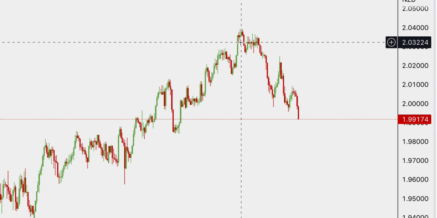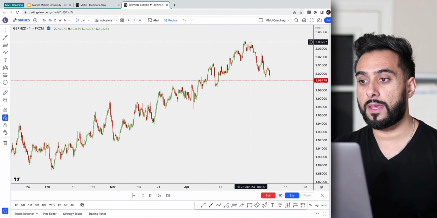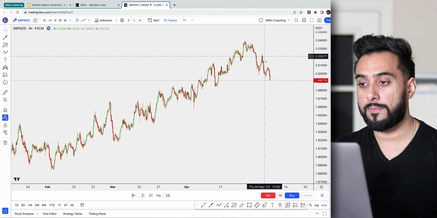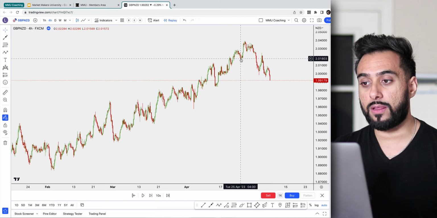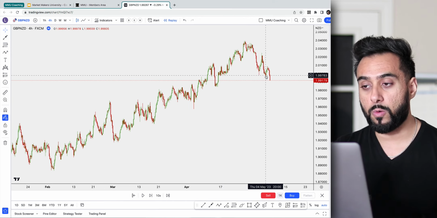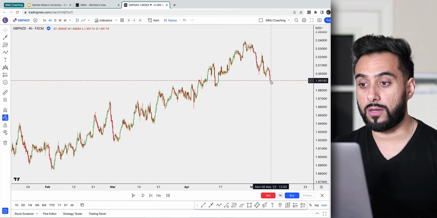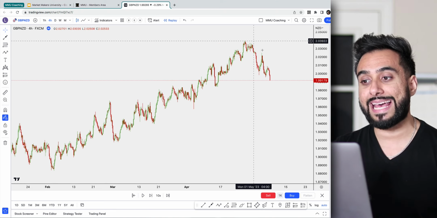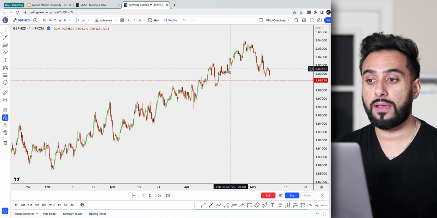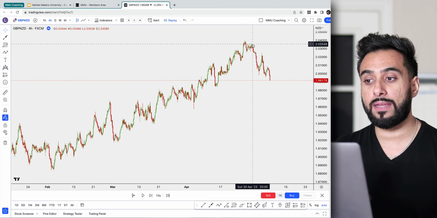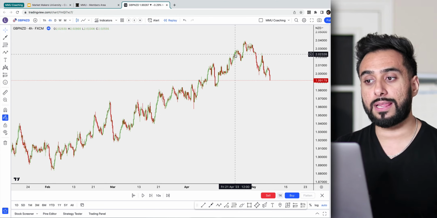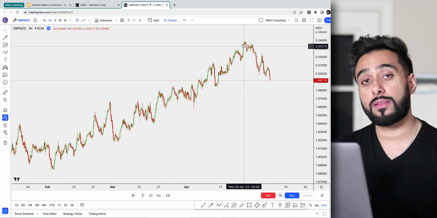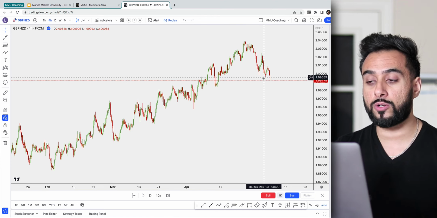So the market has created a lower high, a lower high, a lower high, a lower high, and from here, a lower low, a lower low, and it's on its way to create another lower low. So at this point, the price action is telling us that the momentum has weakened and the bulls are less in control and the bears, the sellers, are a little bit more in control at this point.